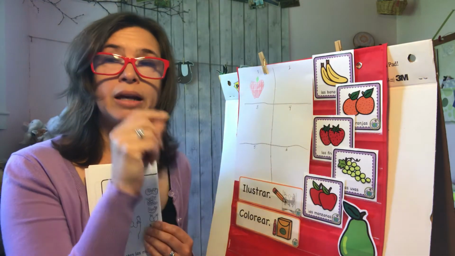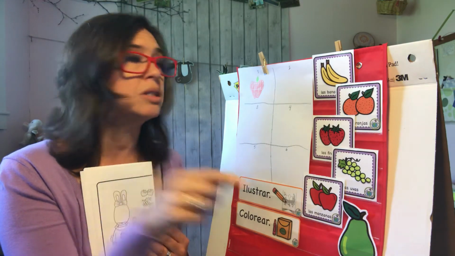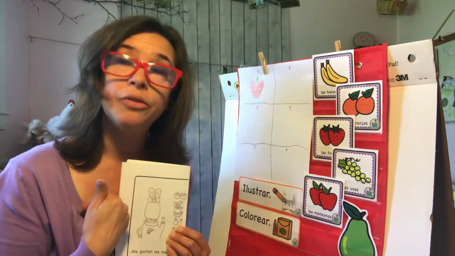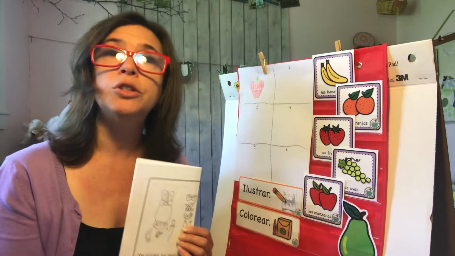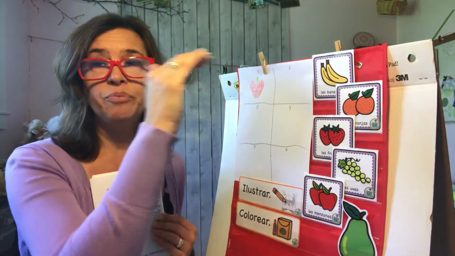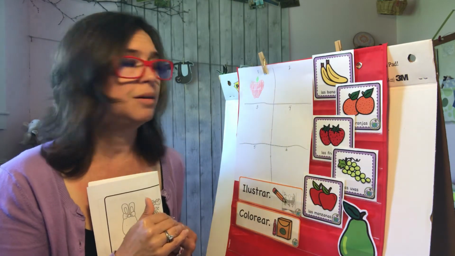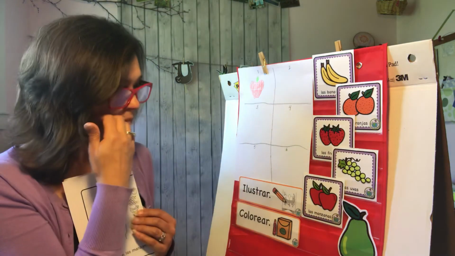You could provide two different phrases, either me gusta, or sí me gustan, no me gustan, that they could put next to it dependent on their personal feeling. They could label the colors. There's a lot of different things that they could do with that one piece. You could have multiple different activities that come off of this illustration.